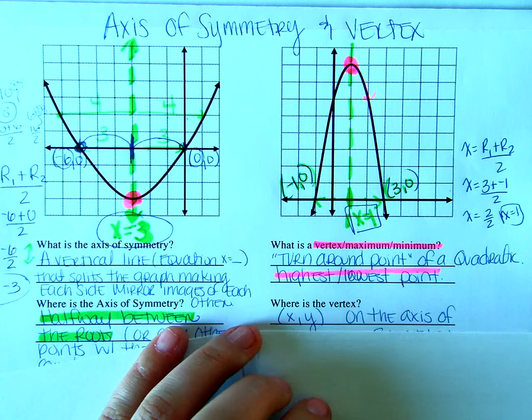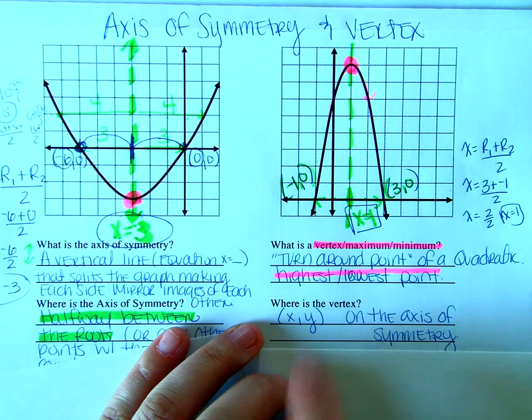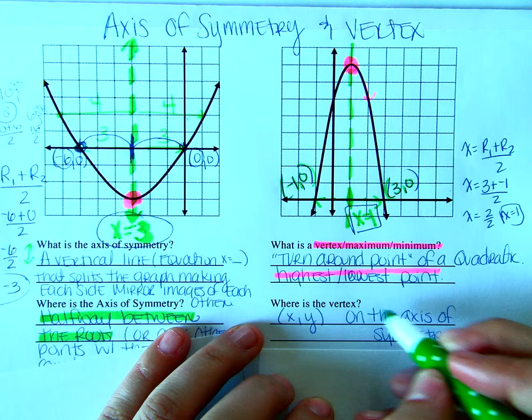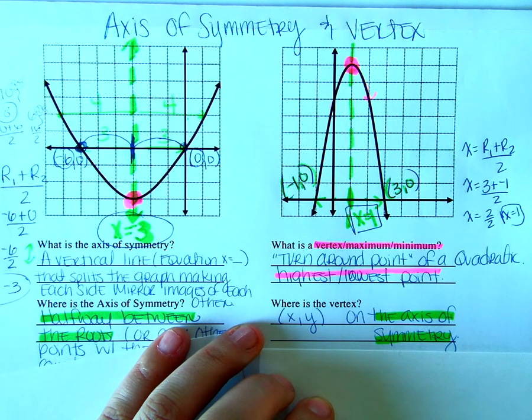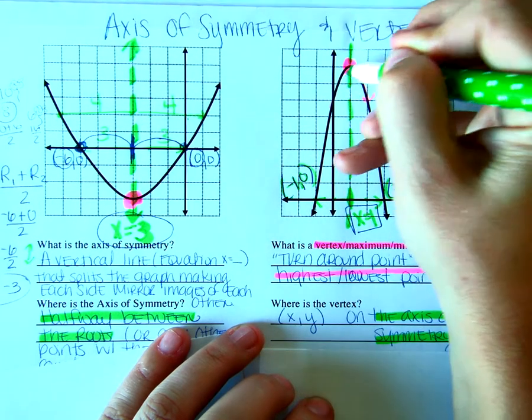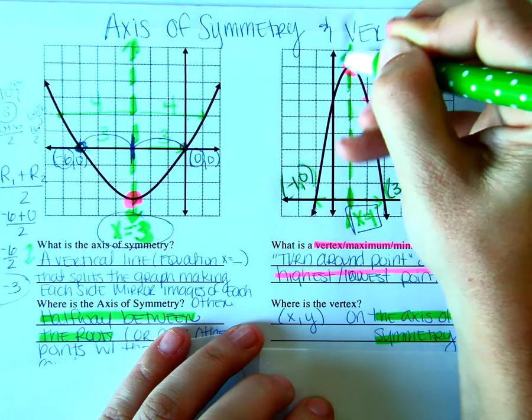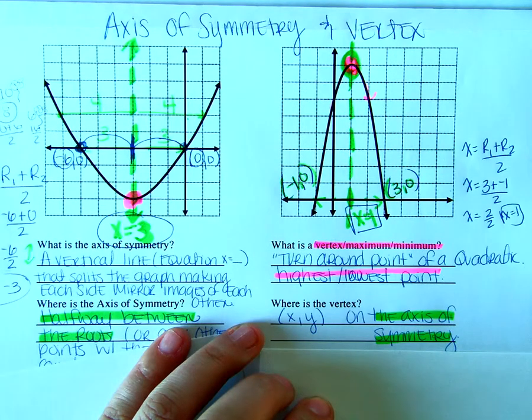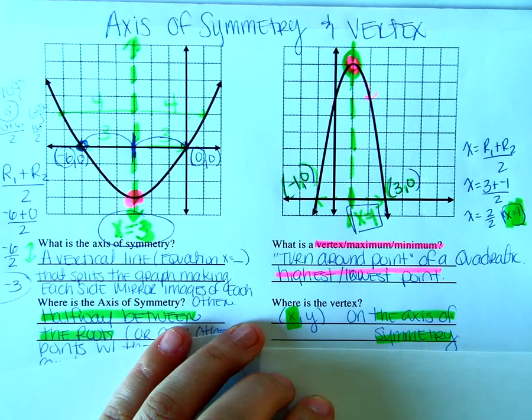Where is the vertex? The vertex is at a coordinate x, y, and if you notice, it's always going to be on the axis of symmetry. What that tells us is the x-coordinate of this point will be the axis of symmetry.